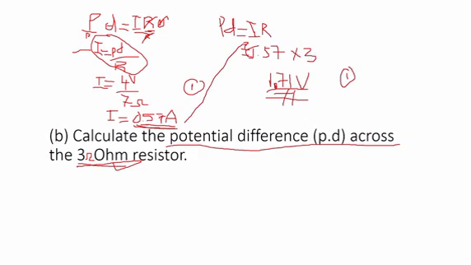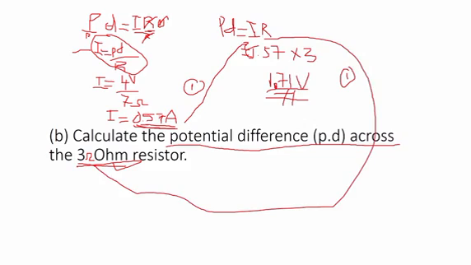Current is this one, so 0.57 multiplied by the 3 ohms they have given us here. When you do 0.57 multiplied by 3, you are getting 1.71 volts. So that is the potential difference. Potential difference is the same as the voltage. So if they ask you to calculate the potential difference, they are simply asking you to calculate the voltage.